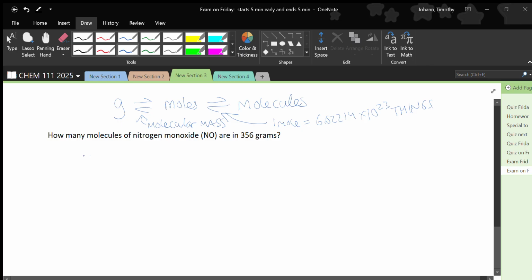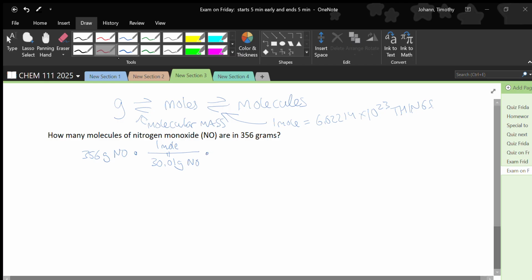So I start with 356 grams of NO. And then I've seen other people do the conversion factor. So if you do the molecular mass, you should have gotten 30.01 grams of NO is equal to 1 mole, right? So that's what people got for their molar mass there.